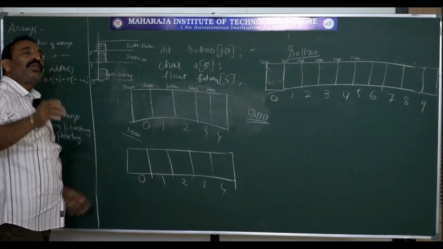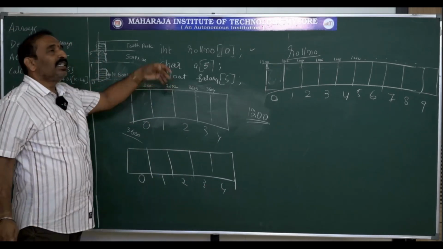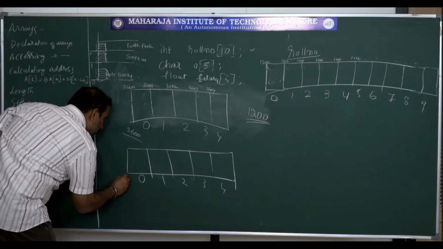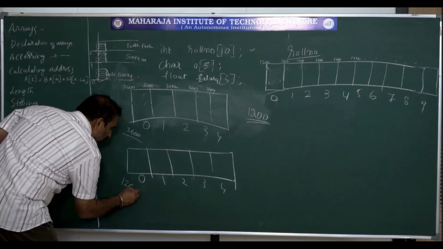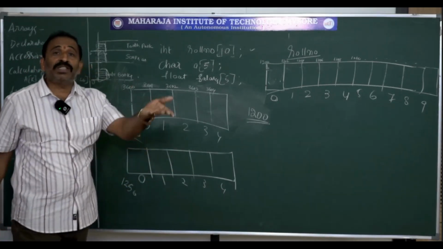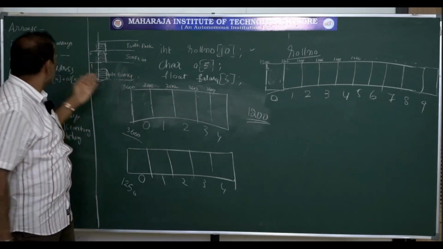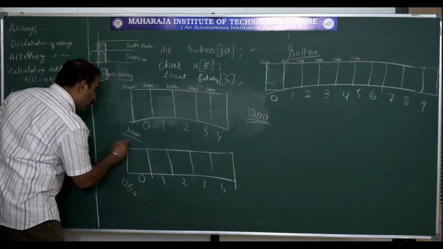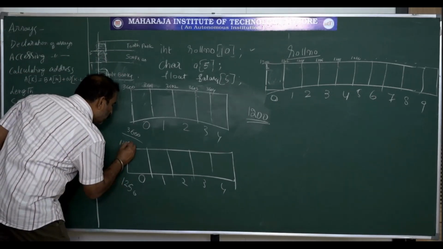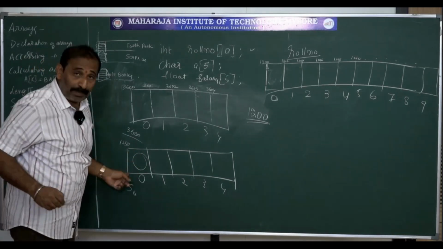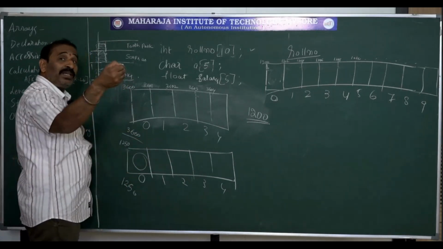Then when you declare this, some location is given to you, some number, say 1250. What is this 1250? This is the location at which you have been given a space. First floor, second floor, like this, I told you, in that way. 1250. It means at 1250, you have the first element, the first float number. Where is the second element?